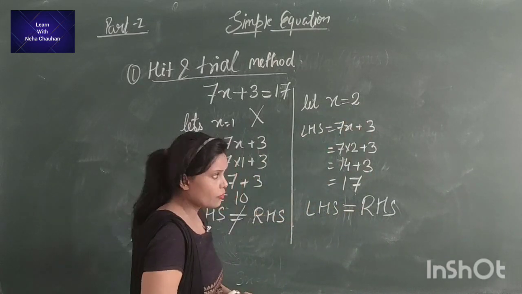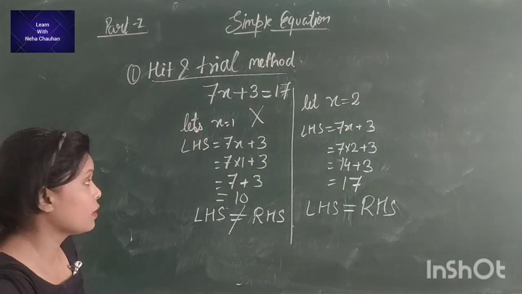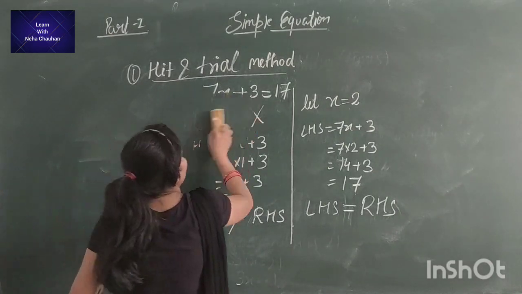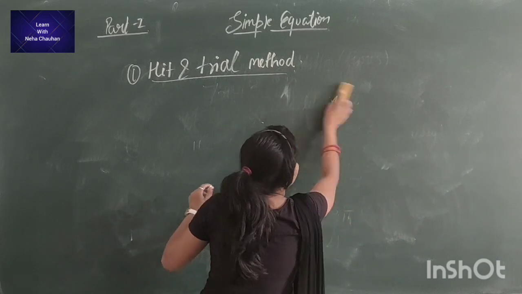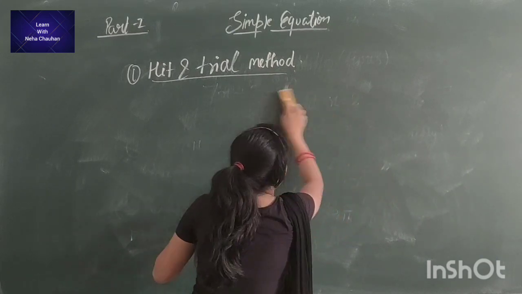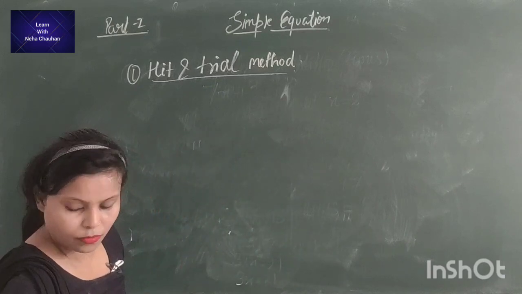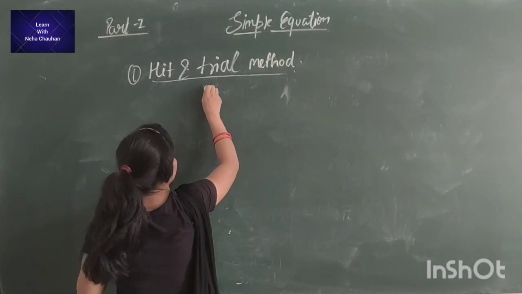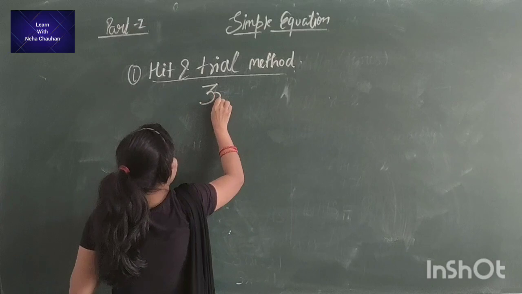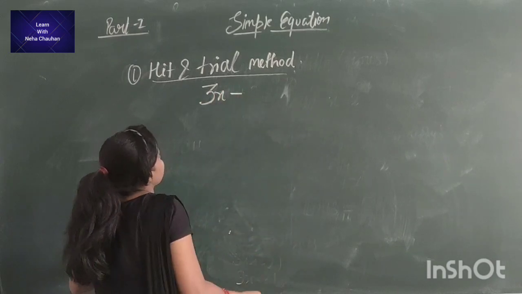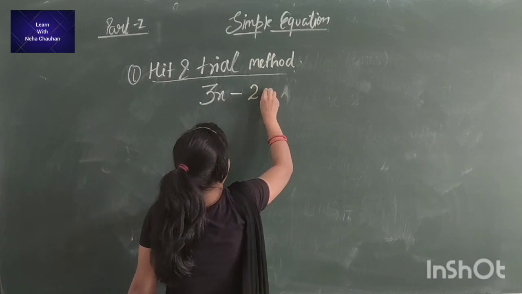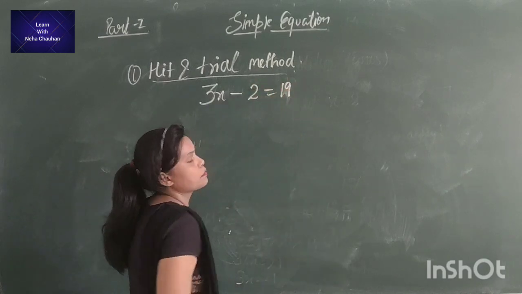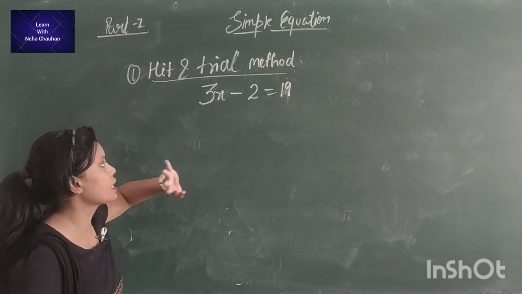Okay. Now let's take another example for solving the hit and trial method. If I have an equation 3x minus 2 is equal to 19. Okay, so this is the equation.